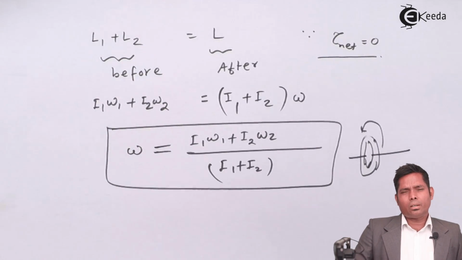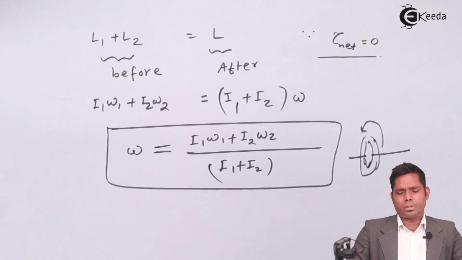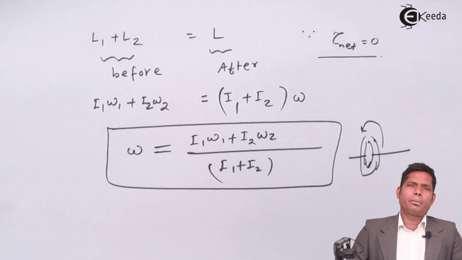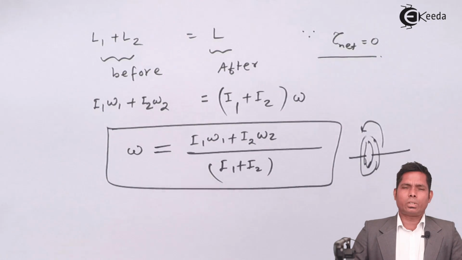So you can have one more application also, but it's not required. Is two applications enough? There might be many various situations where you can apply conservation of angular momentum.